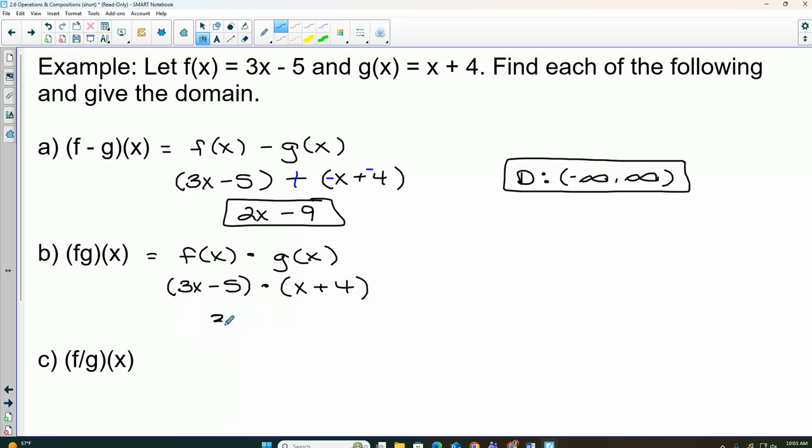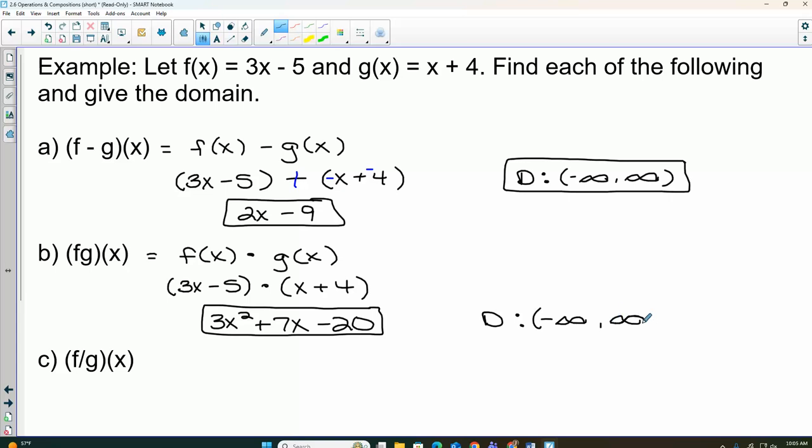So we get 3x squared plus 12x and minus 5x plus 7x minus 1. Well, what is my domain? Still no fractions or radicals, so the domain is still everything.